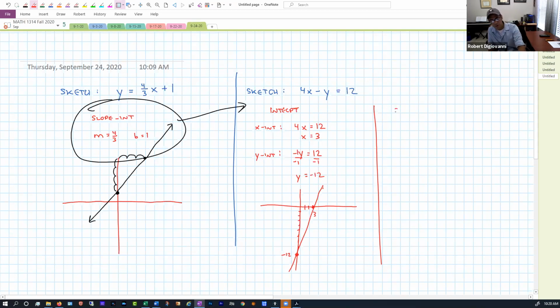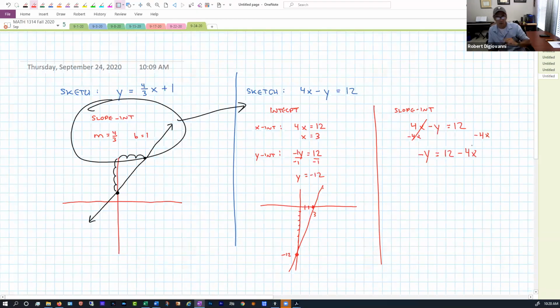Now the slope intercept method, we would solve for y. So what I would try and do is first I would move the 4x over. So I'd subtract 4x on both sides. It would go away. I would have negative y equals 12 minus 4x.